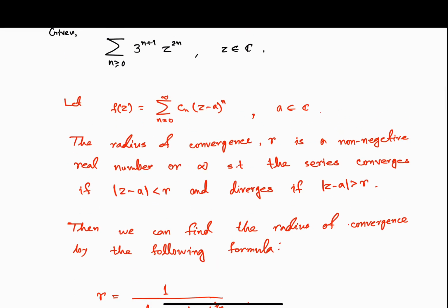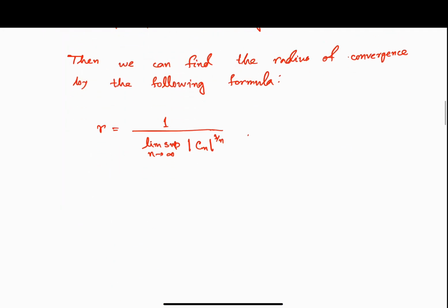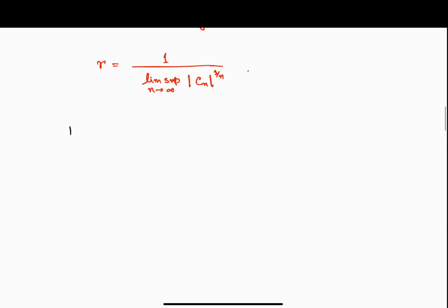For that, notice that we have to write in terms of z to the power n. The center here, for our case, is basically 0. We have to write in terms of z^n and find the corresponding coefficient. Now we have the sum over n bigger than 0 of 3 to the power n plus 1, z to the power 2n.